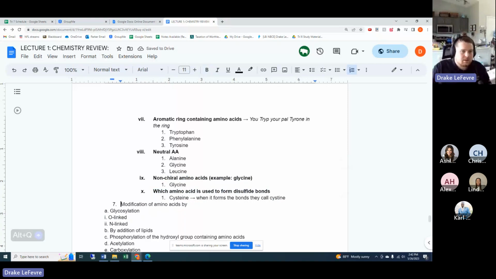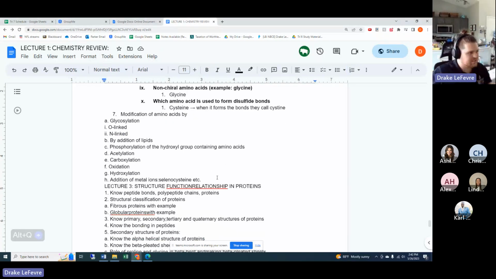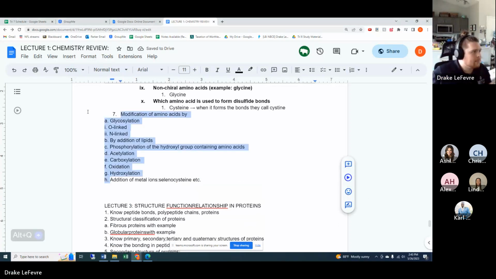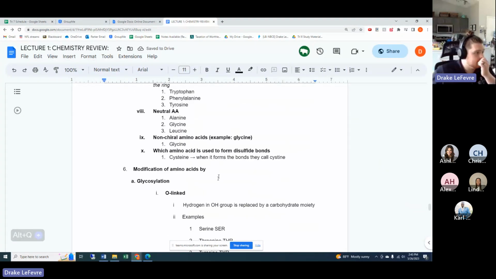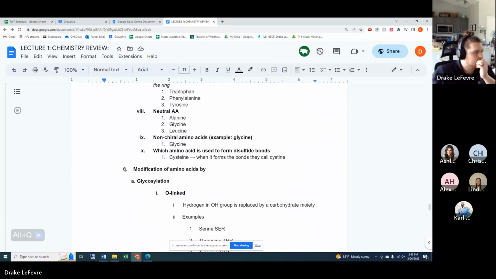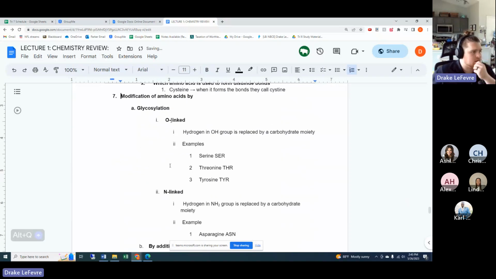Okay, modification of amino acids. A lot of the rest of this is just memorization type stuff. I'll go ahead and throw this in here so you guys can go through and look at them.